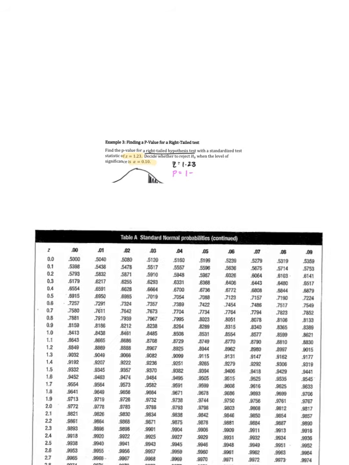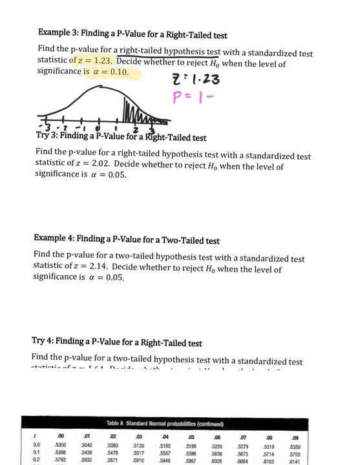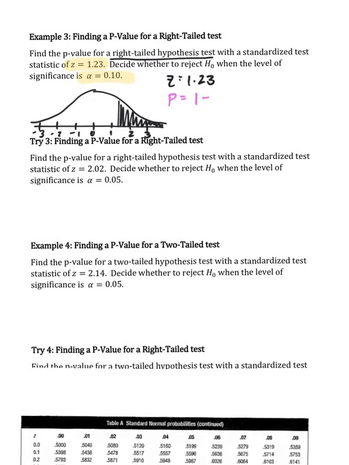So we go down to 1.2, which is this row right here, and then over to 0.03, which puts us at 0.8907. So we're going to do 1 minus 0.8907, which gives us 0.1093.